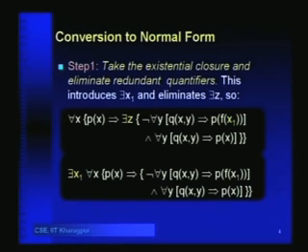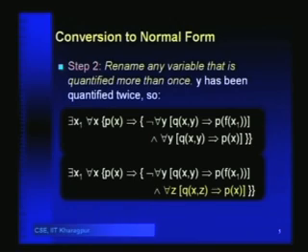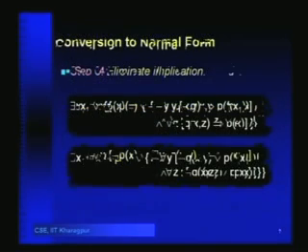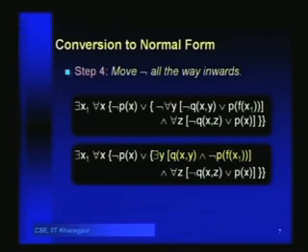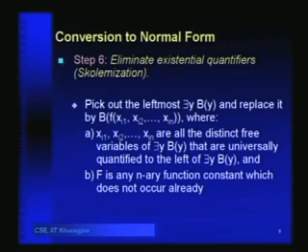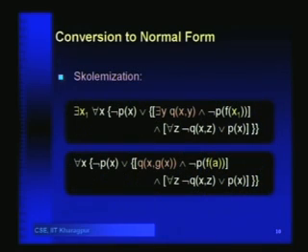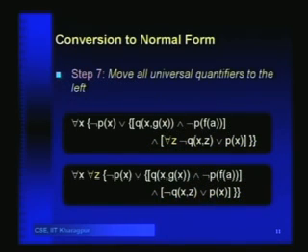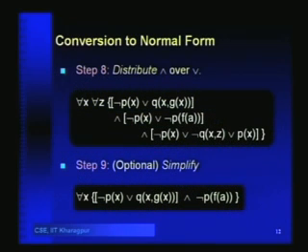So, like taking the existential closure and eliminating redundant quantifiers, then renaming any variable that is quantified more than once, eliminating implication, then moving negation all the way inwards to the predicates, pushing the quantifiers to the right, then eliminating existential quantifiers as I was mentioning through a Skolem function, which is also called Skolemization, followed by moving all universal quantifiers to the left, and finally distributing the AND over OR to get the conjunctive normal form, and finally an optional step to simplify, so that in the end we get a set of clauses.